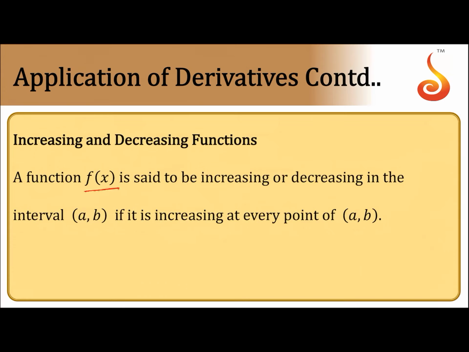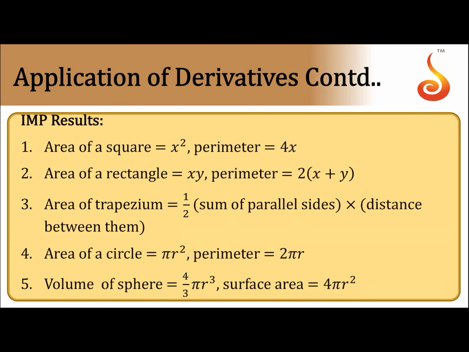Next, increasing and decreasing functions. A function f of x is said to be increasing or decreasing in an interval provided it is increasing everywhere in the interval a comma b, or decreasing everywhere in the interval a comma b. These are some of the important results.